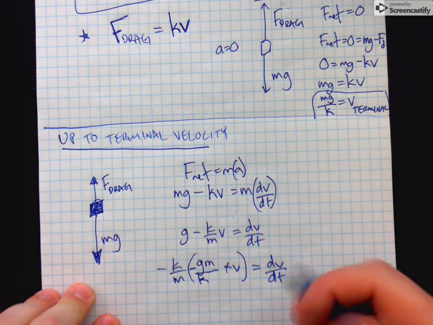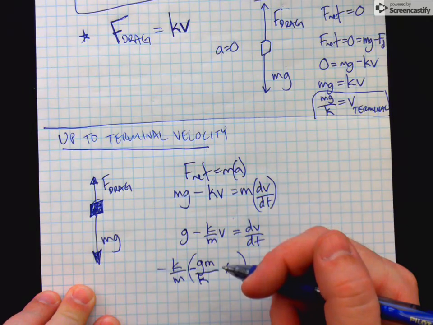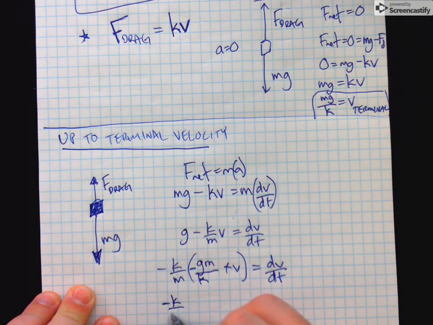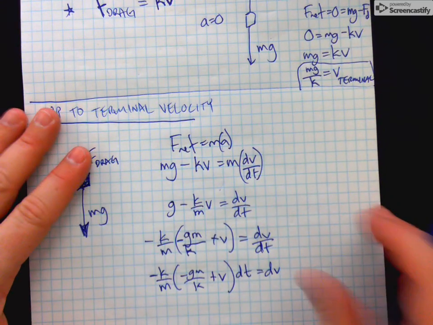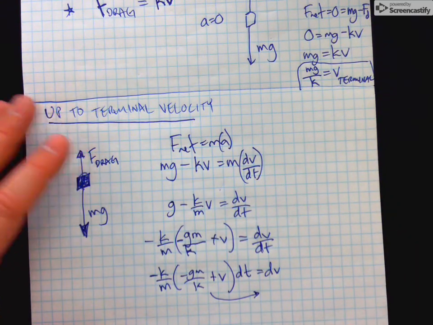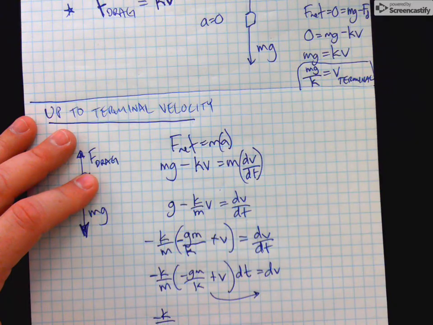Now I move my dt over so it's on top. So I get negative k over m times negative gm over k plus v times dt equals dv. Now I need to get the velocity over this way. So I have negative k over m dt equals dv over negative gm over k plus v.